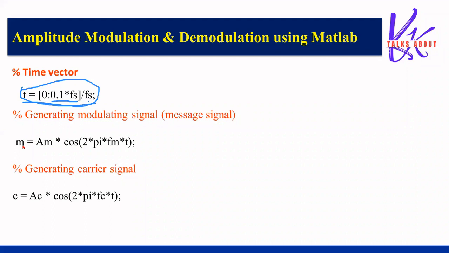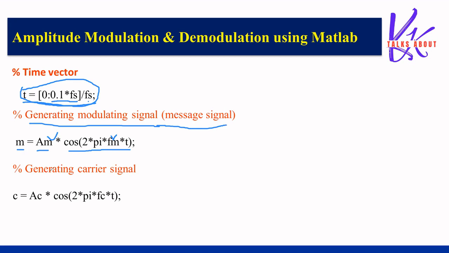Next is to generate the modulating signal. The modulating signal is nothing but the message signal, as we said earlier. Here we define the message signal using m. m is equal to Am into cos of 2 pi fm t. We have already defined the Am value, and also the frequency of the message signal to be 20.